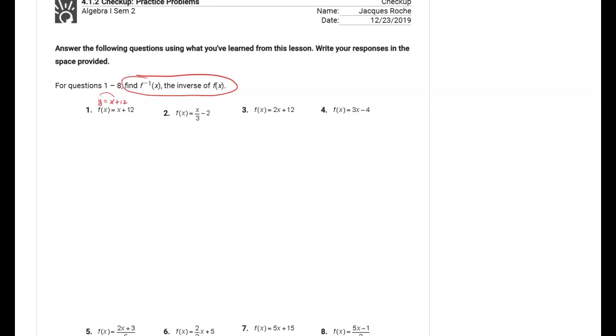I'm going to move x over here and y over here, so I have y plus 12 equals x. Now I'm going to solve for y. Subtract 12, and y equals x minus 12. So our final answer, the inverse of f of x, would be x minus 12.